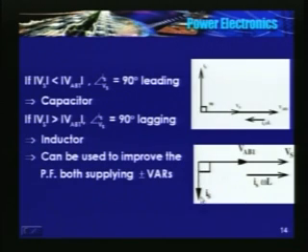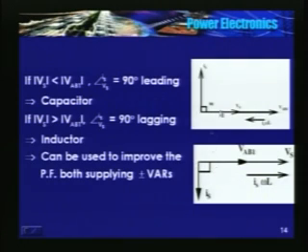So this is the Is vector. Now we find that the angle between Is and Vs is 90 degrees, and Is is lagging Vs by 90 degrees. So this is nothing but an inductor.